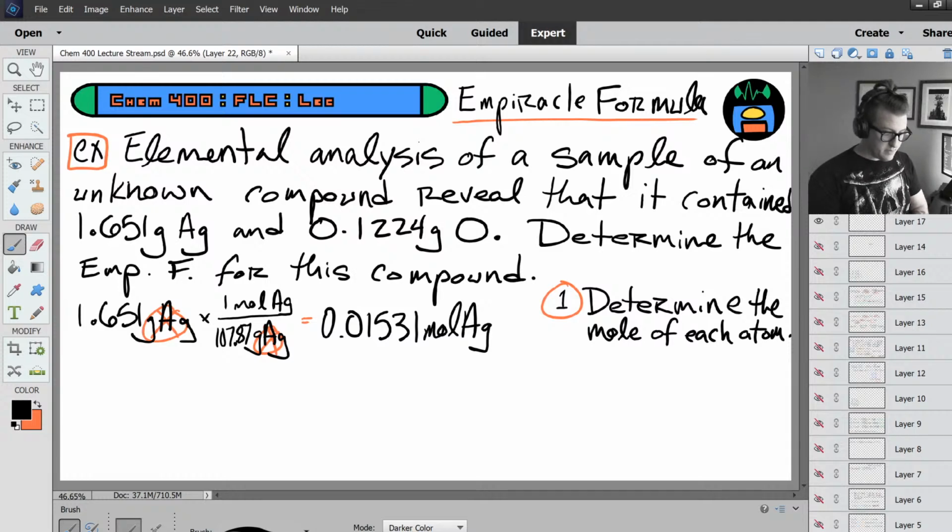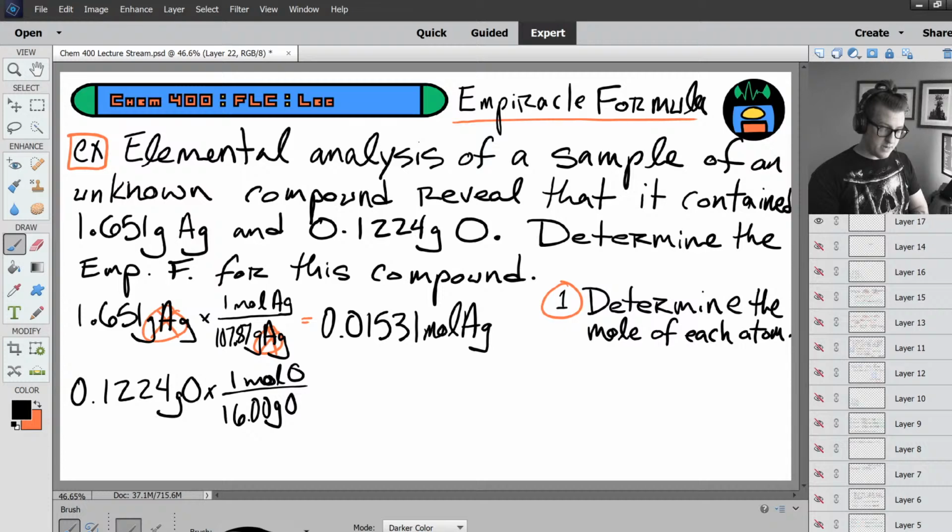And next we do the same thing for the mass of oxygen, 0.1224 grams of oxygen, which we need to convert to moles. So we put grams in the denominator, moles in the numerator. And 1 mole of oxygen has a mass of 16.00 grams.